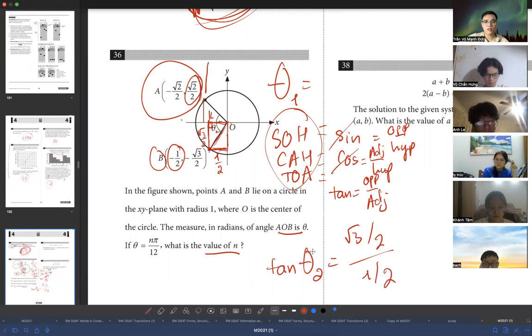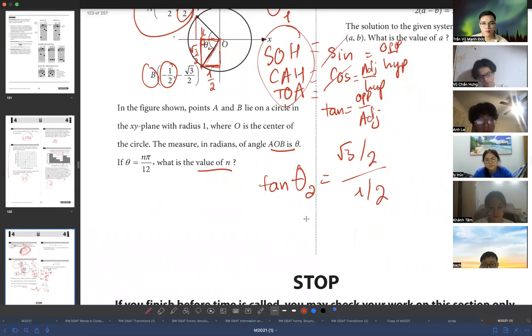Great. So now we can just calculate phi 2. I'm just going to calculate phi 2 by using the calculator. It's quicker and it's safer. It will become square root of 3. So I believe this is 45 degrees, isn't it?